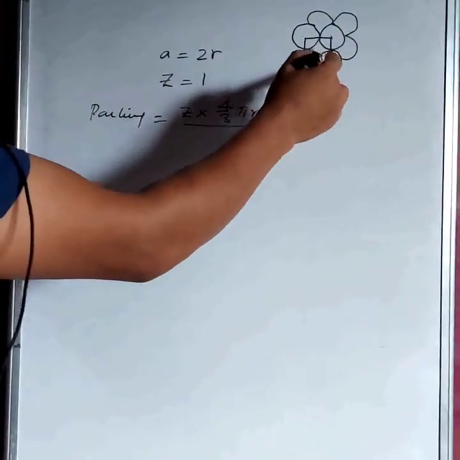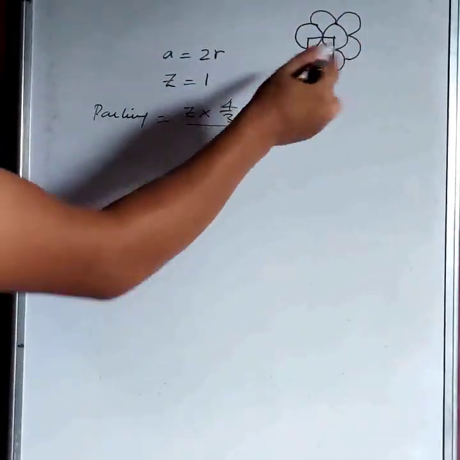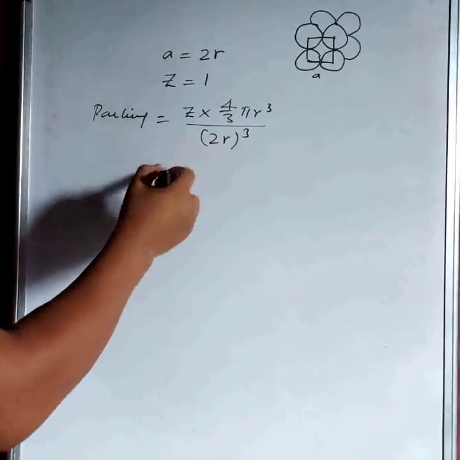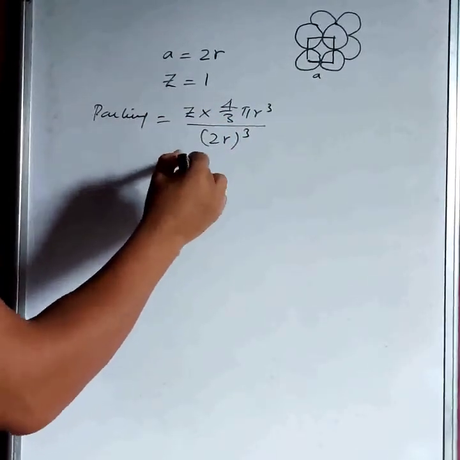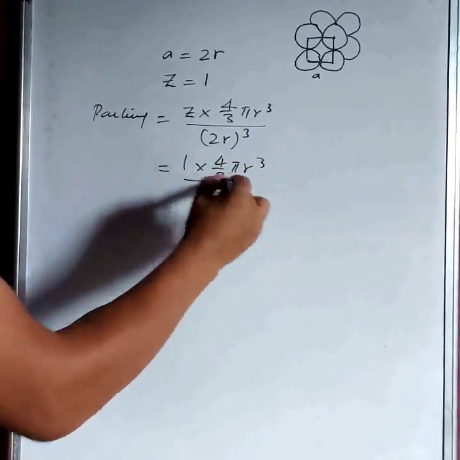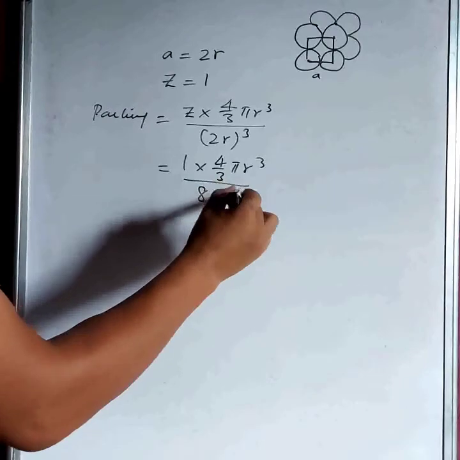The volume of the cube is the edge length, which is twice r, the whole cube. Now Z is 1, into 4 by 3 pi r cubed over 8 r cubed.